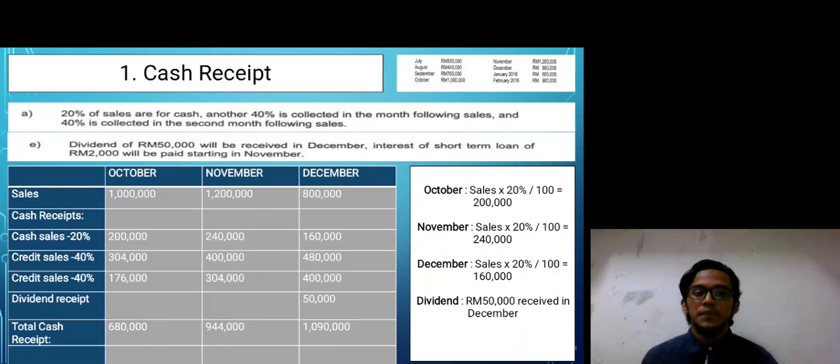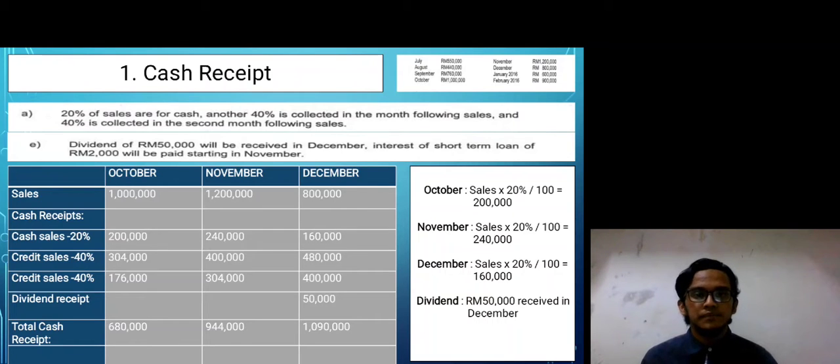The first step to prepare the cash budget is by finding cash receipts. We need to put out the sales of October, November and December. Then from A, it is told there is 20% cash sales, 40% collected in the following month and 40% collected the month after.